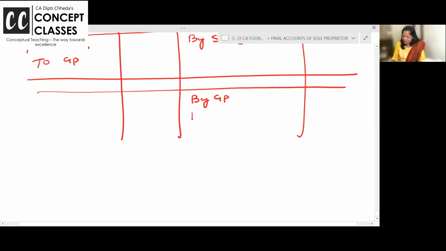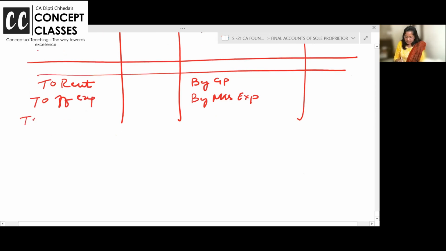Then you are getting by miscellaneous expense. This side, debit side, to rent, to office expense, to selling expense, to commission.